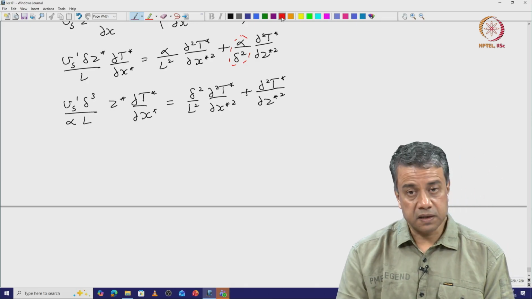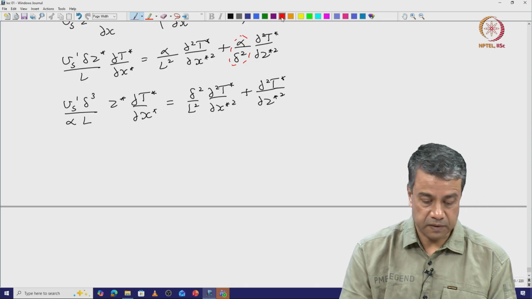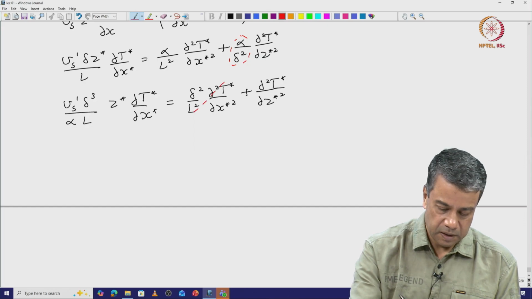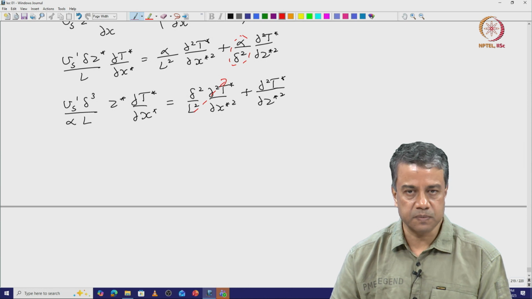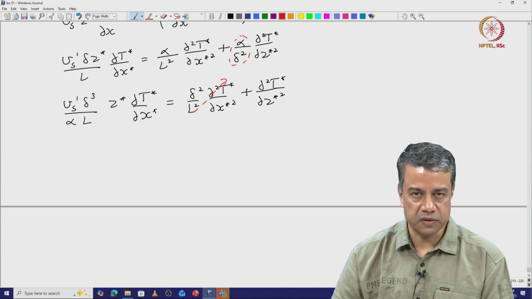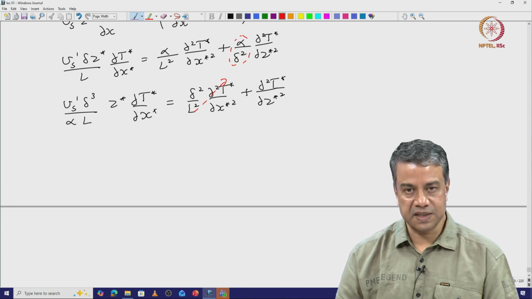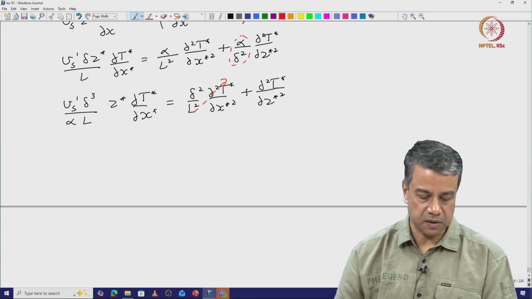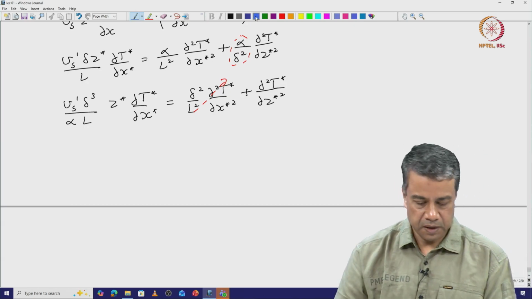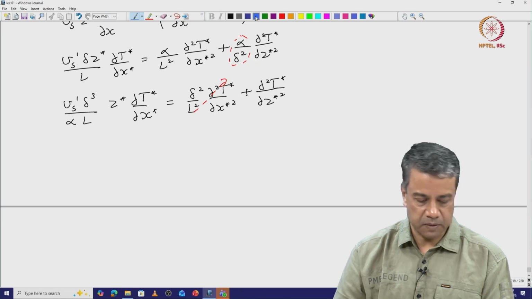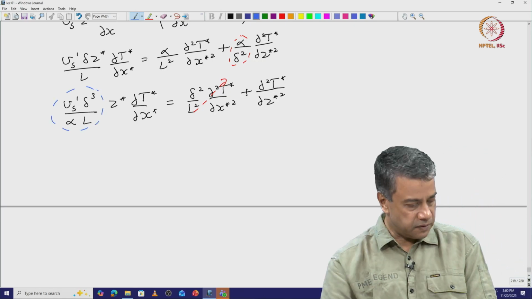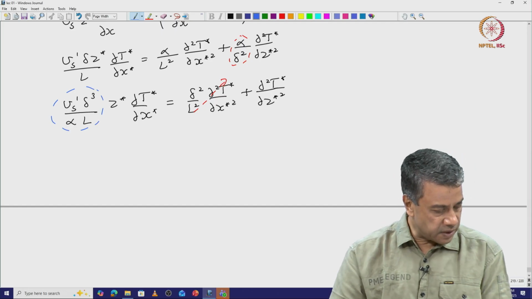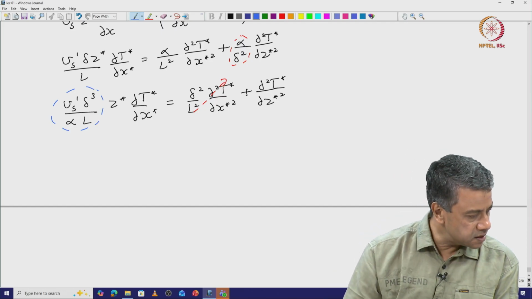And delta is small, it is much smaller than the length of the pipe. Therefore, this term is 0, that is, the streamwise diffusion is much smaller than the cross stream diffusion, because the streamwise length scale is much larger than the cross stream length scale. Convection and diffusion are of the same magnitude provided this is order 1.